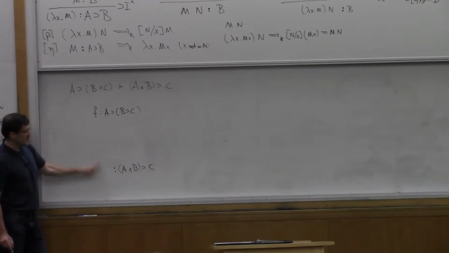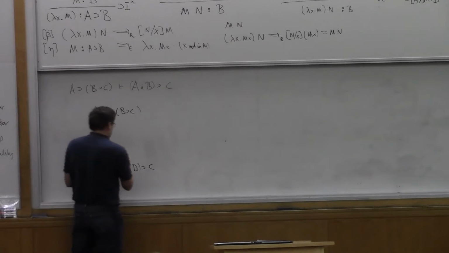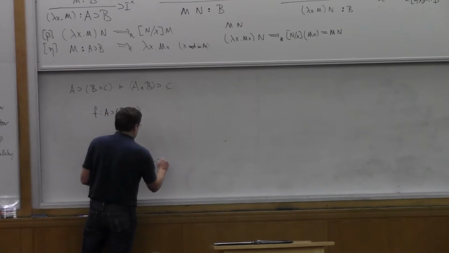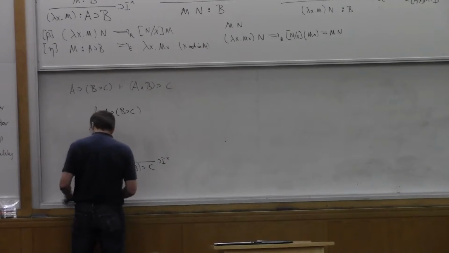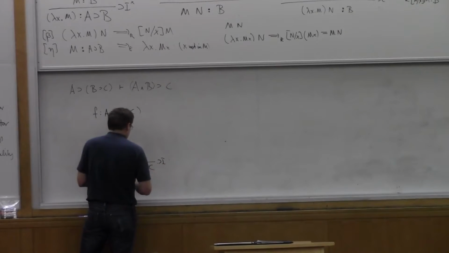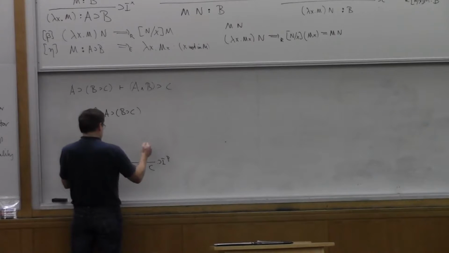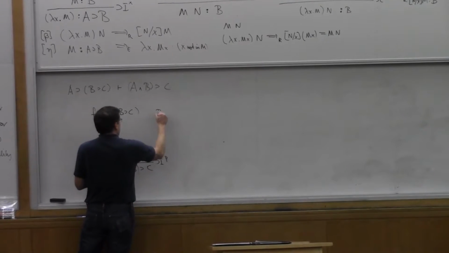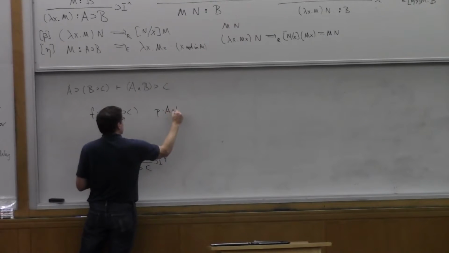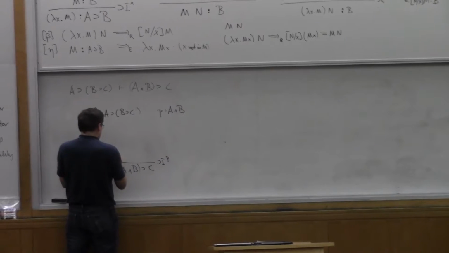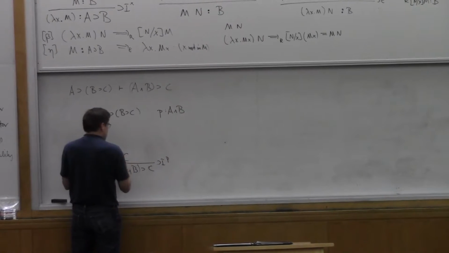Downwards with elimination or upwards with introduction? Upwards. Okay, so implication introduction, I introduce X. Actually, let me call it, for my own reasons, P. Okay, and so now I have an assumption P of A and B. And now I have to find some proof of C.